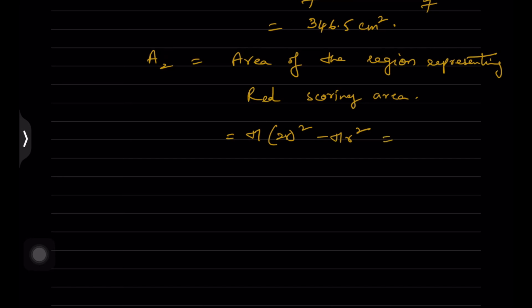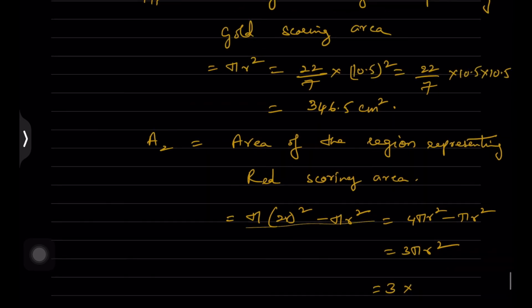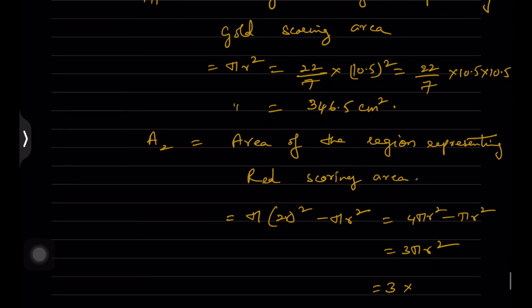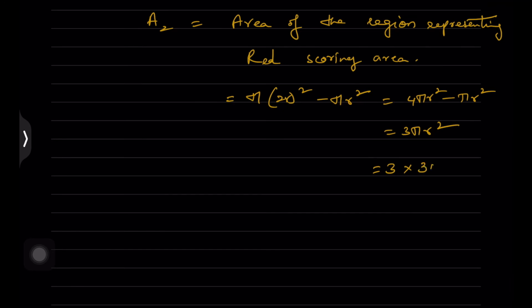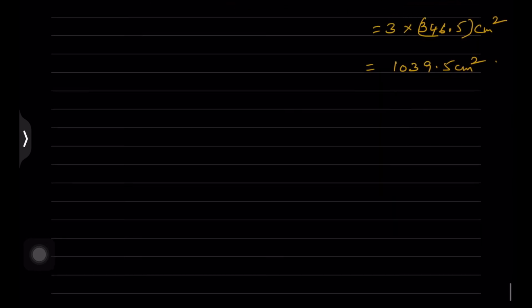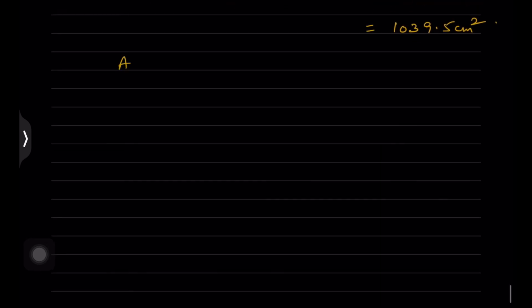So which is equal to 4 pi r square minus pi r square, which is equal to 3 pi r square, which is equal to 3 into pi r square. We got pi r square as 346.5 centimeter square, so which is equal to 1039.5 centimeter square.